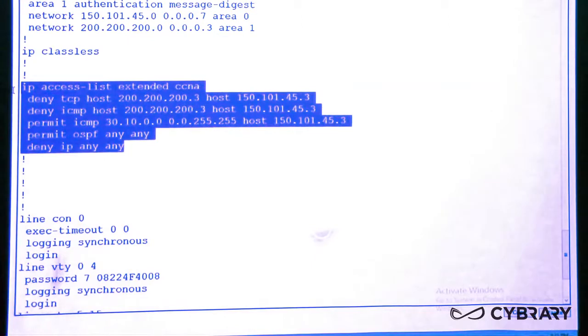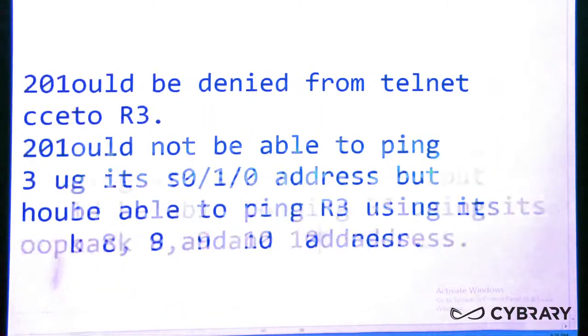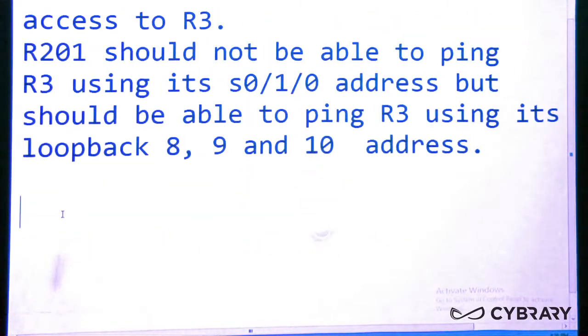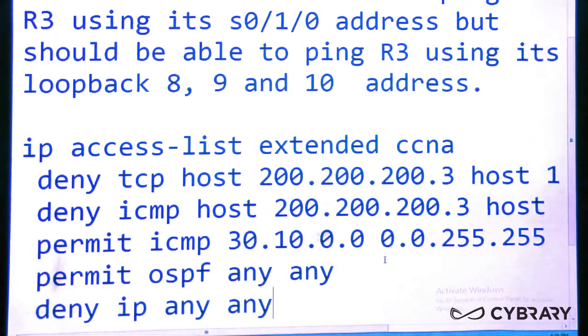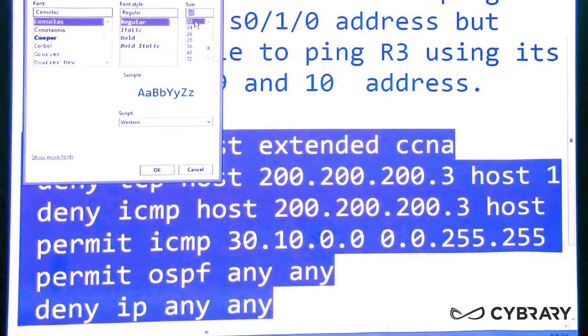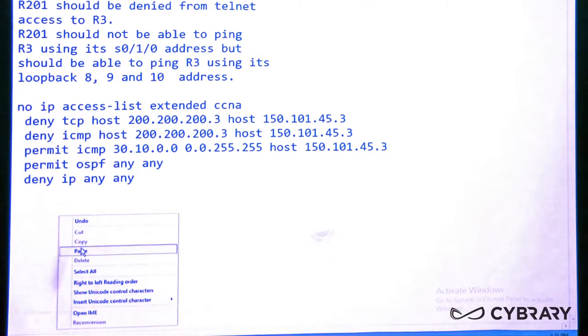What I can do is simply, instead of having to type this thing out over again, say copy, paste. I'll reduce the font a little bit so you guys can see the whole access list. And I'm going to delete this access list that I created and then recreate it through the magic of copy and paste.